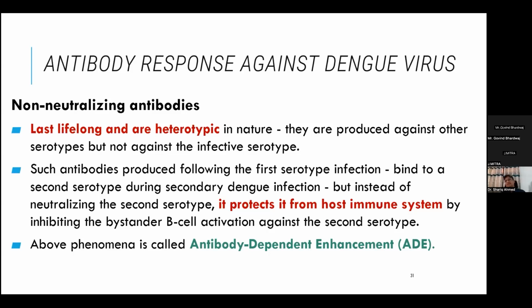But if we get infected a second time by the DEN2 virus, the non-neutralizing antibodies that were formed against the first DEN1 infection are not protective in nature. Instead of neutralizing the second serotype, they protect it from the host immune system by inhibiting the bystander B cell activation against the second serotype.